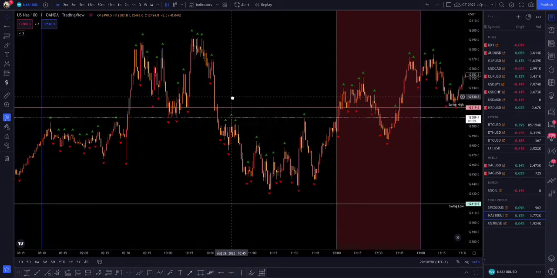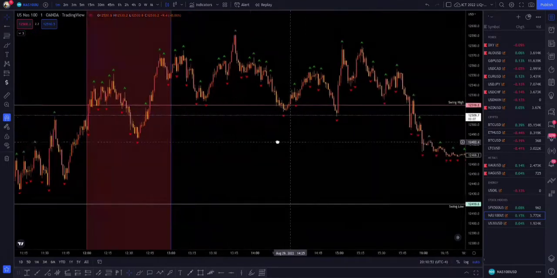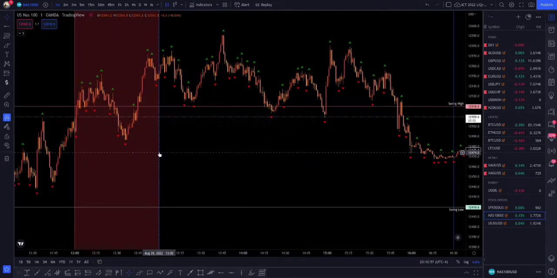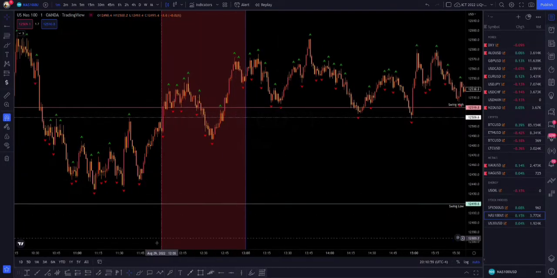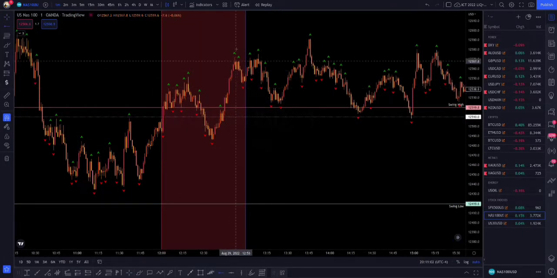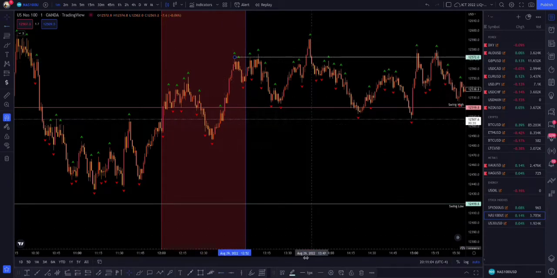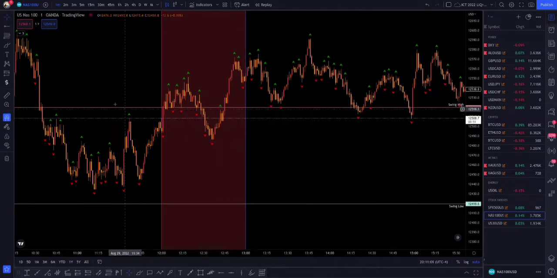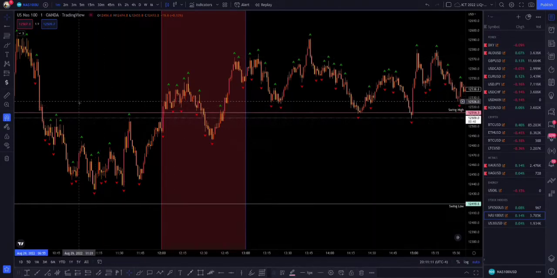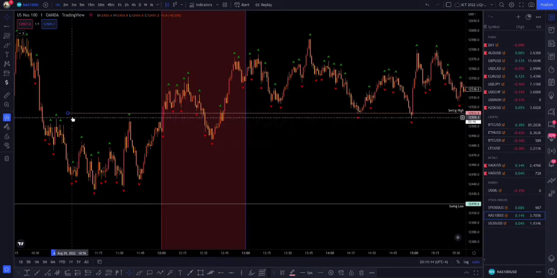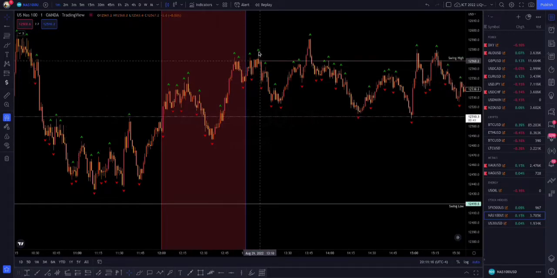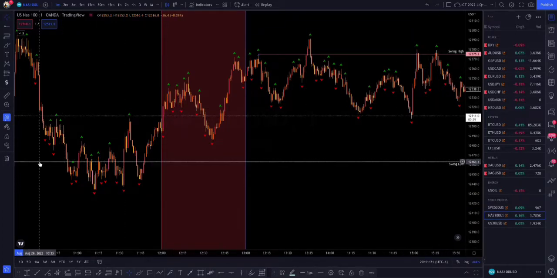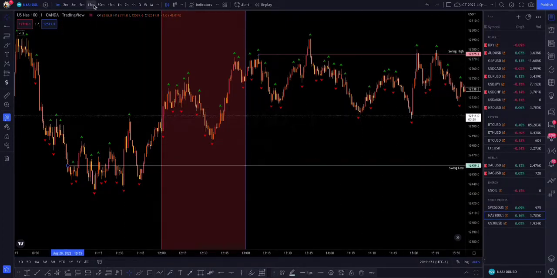And then I got back in this afternoon. So here's 1 o'clock. I did the same thing at 1 o'clock. I marked the most recent swing high as well as the most recent swing low.